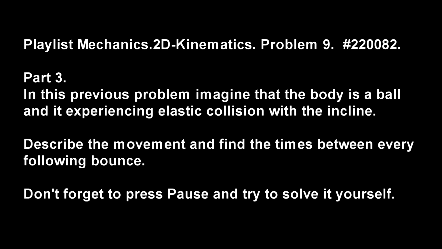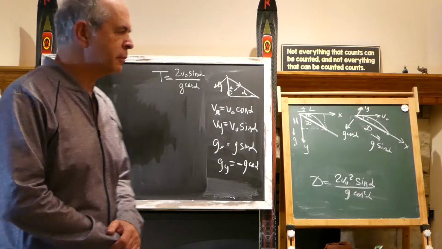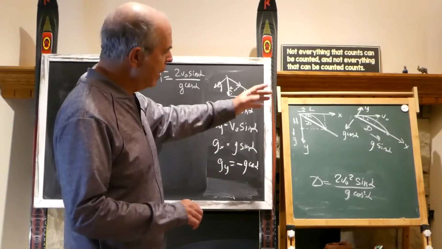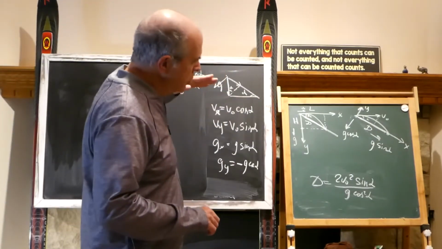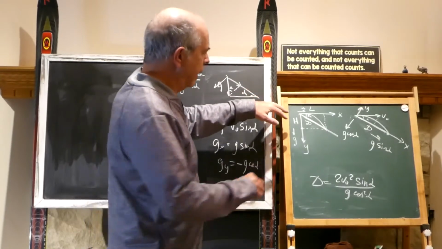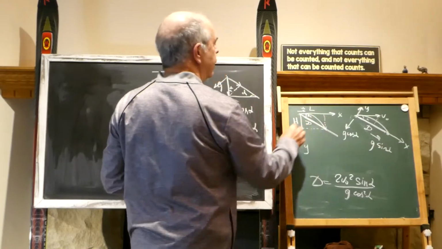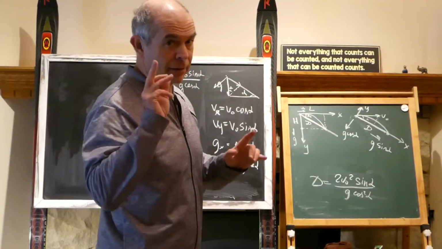So here is a problem. As always, read it, maybe once, maybe twice, and then pause the video and try to solve it yourself. This would be the third installation about the same problem, a body thrown horizontally, and there is some dot, and this dot belongs to this line, so it's not necessarily an incline.